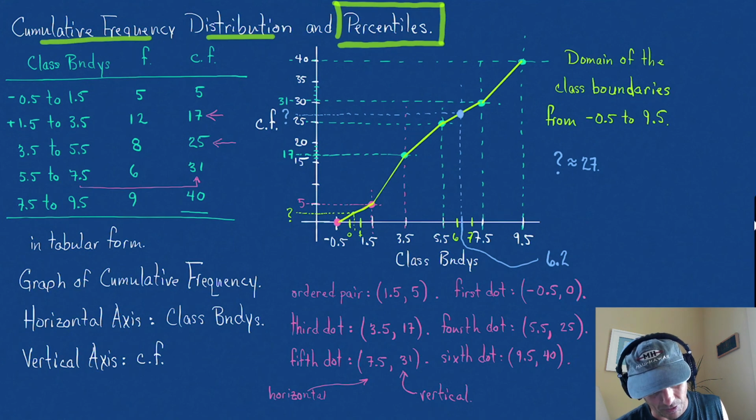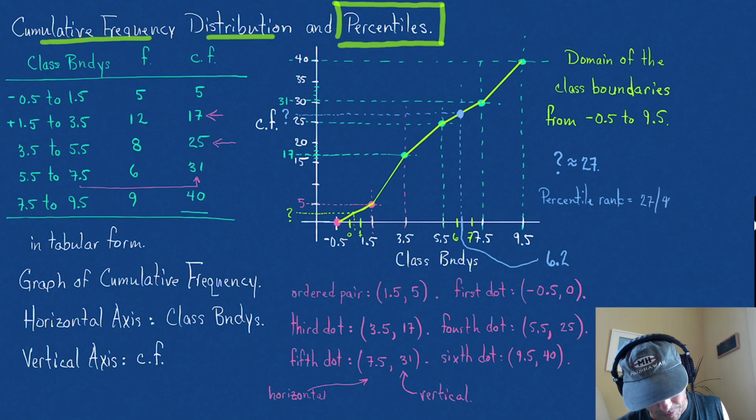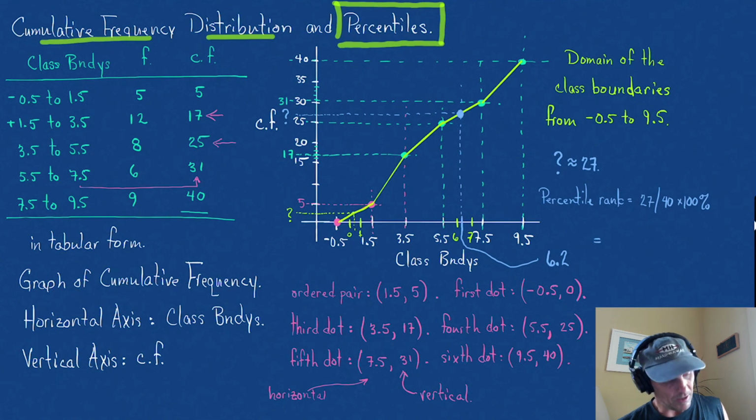So if I wanted the percentile rank, well, what percentile rank would equal, it's going to equal 27 divided by 40 times 100%. And if we do that, I have a calculator ready to roll here.